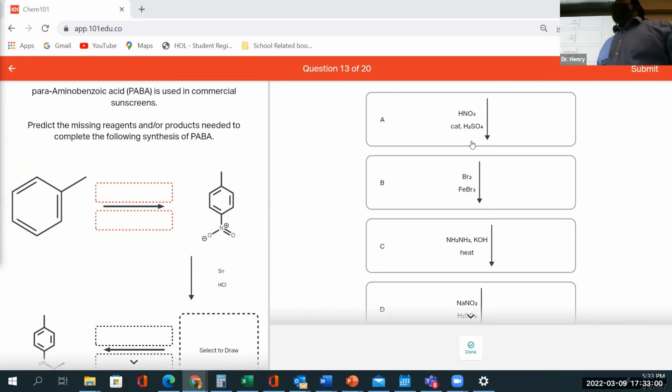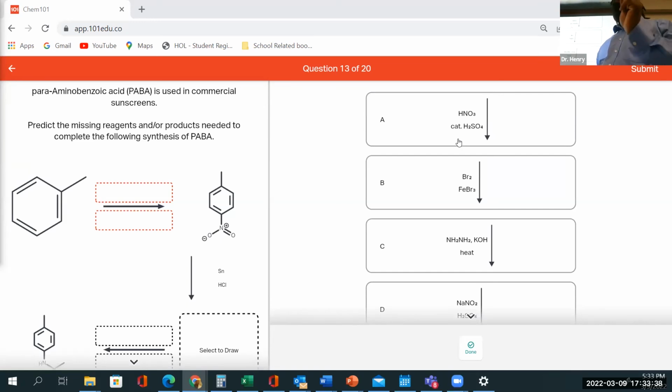Okay, so who's attached? We have NO2 that's going to be attached, right? Now, if we have sulfuric acid, this is just straight sulfuric acid.